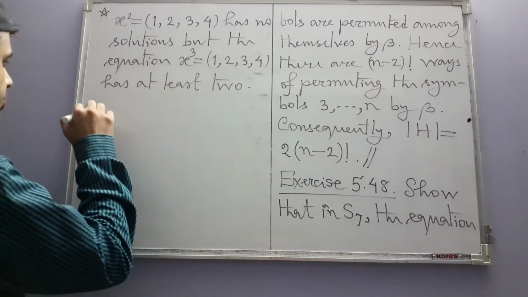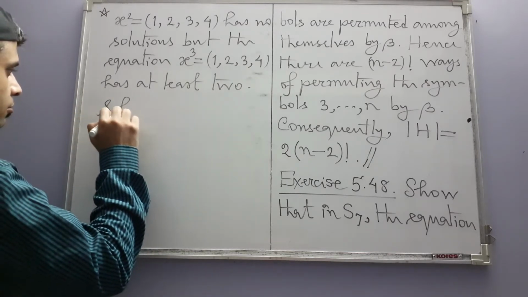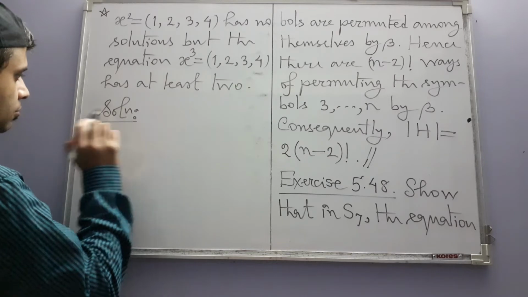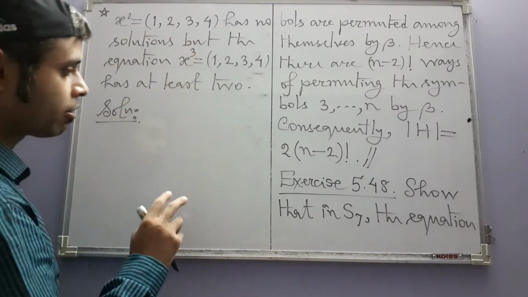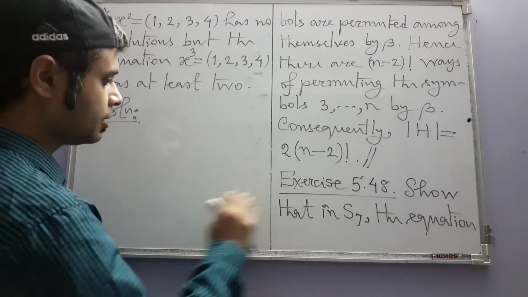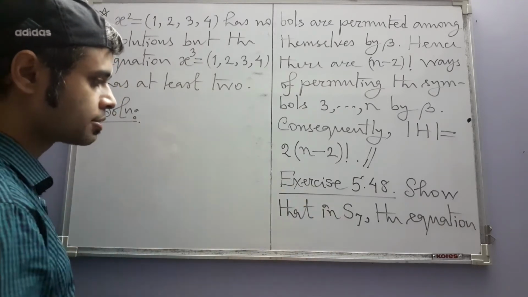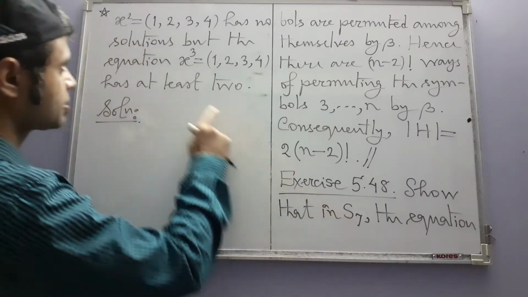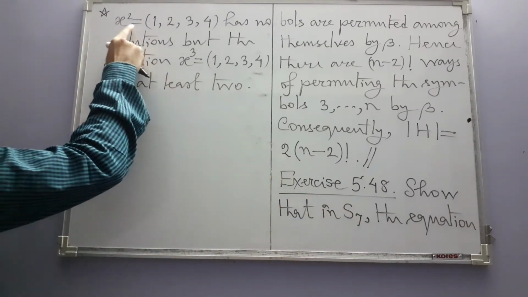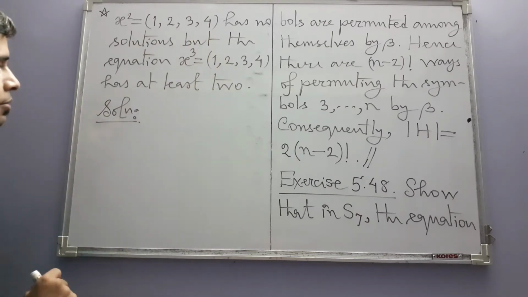So let's see the thing. First of all, we want to show that this equation is not solvable for x in S7. What that simply means is that there exists no permutation x in S7 which, if you put here, will give you this 4 cycle.